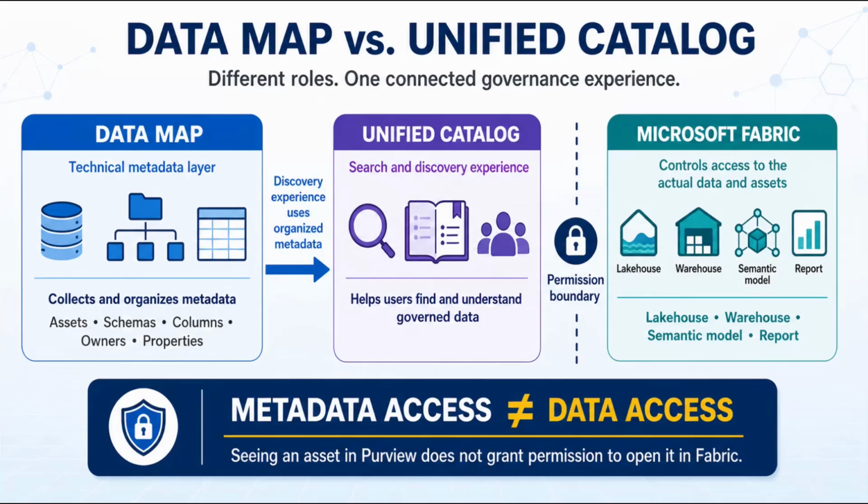A simple way to think about the distinction is, data map collects and organizes the technical metadata. Unified catalog helps users discover and understand this data through a governed catalog experience. In this catalog, there are terms, there are assets, there are products.